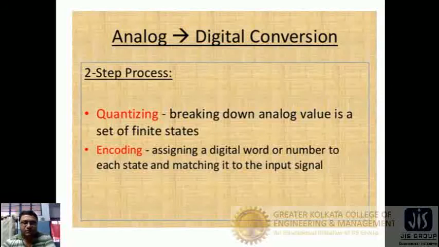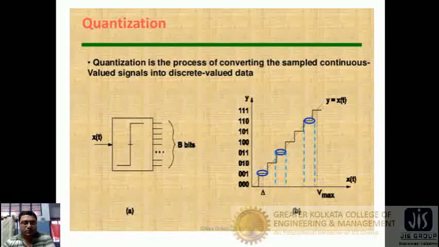Quantizing is breaking down the analog value into a set of finite states, and encoding is assigning a digital word number to each state and matching it to the input signal. We'll discuss them one by one. First we'll discuss the quantization process, which plays an important role in our conversion process from analog to digital.